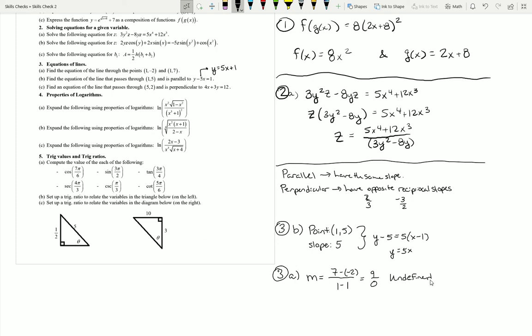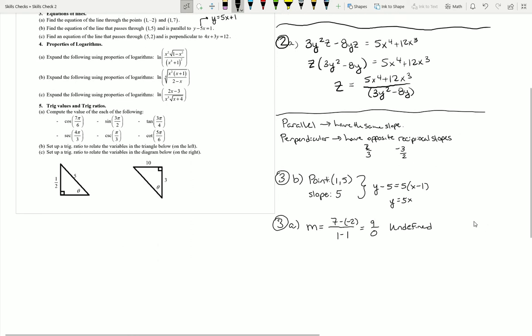And if my slope is undefined, then I probably have a line that ends up, at least graphically, being a vertical line. So let's go ahead and take a look at our points again. Notice I had the point 1, -2 and 1, 7. Yeah, I had a point here and a point like up here. So if I wanted to figure out the equation of this line, it would actually be really simple.